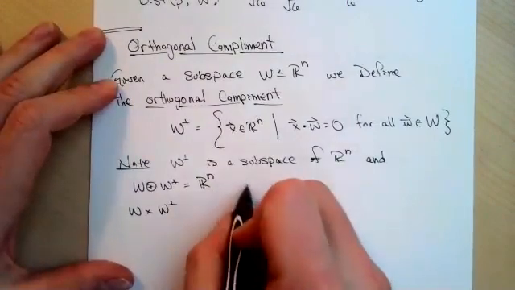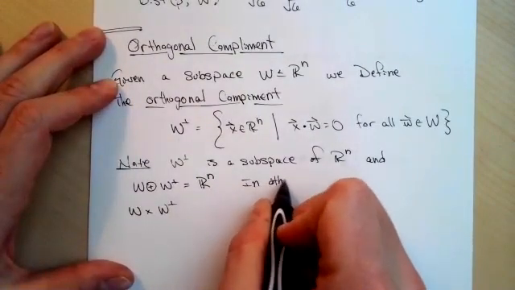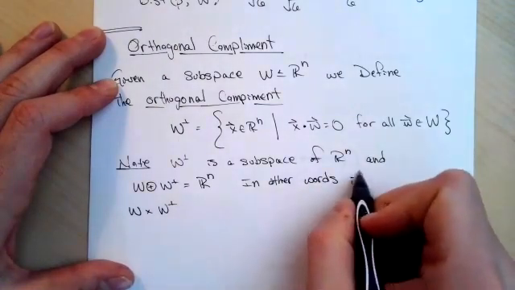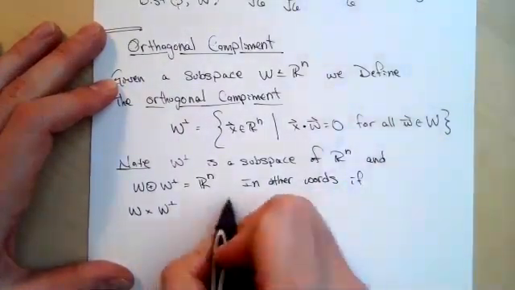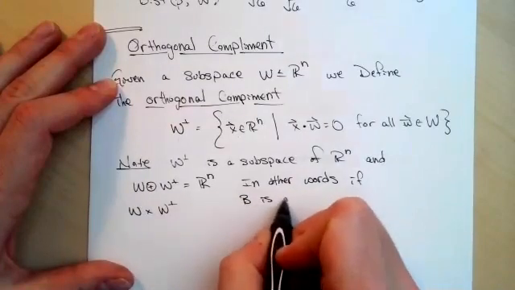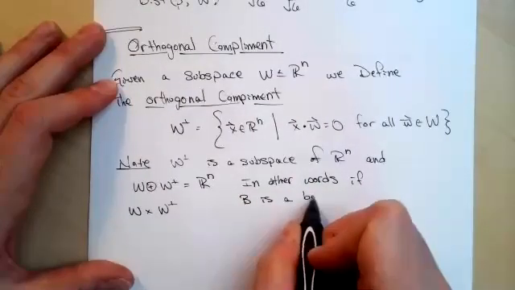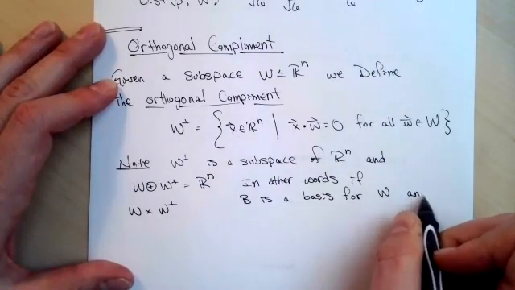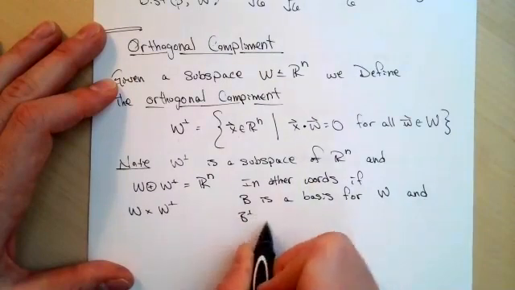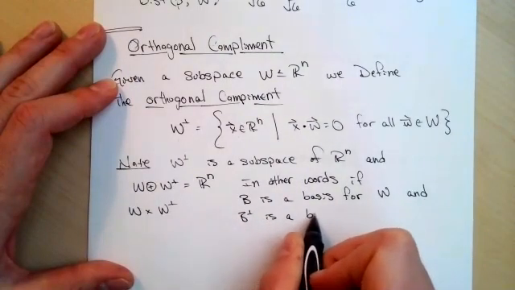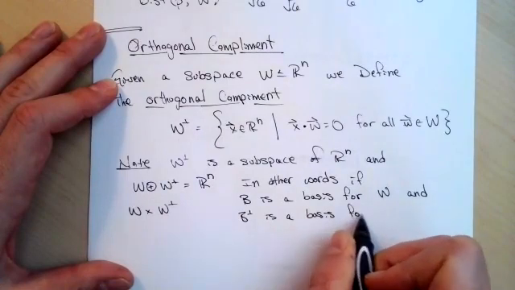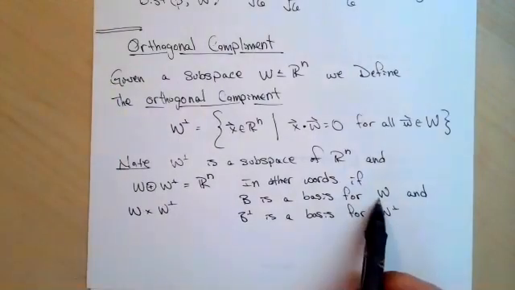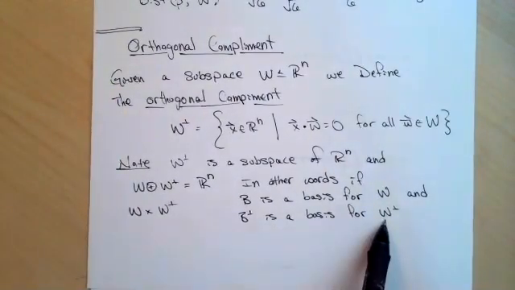In other words, if, let's say, B is a basis for W and B perpendicular is a basis for W perp. So I have a basis for one of my subspaces, a basis for my other subspace.